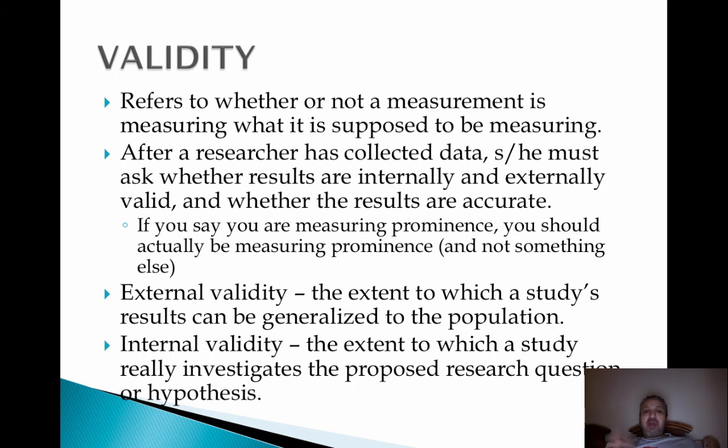Now, there are two kinds of validity. External validity is very simple, very straightforward. This is where we're interested in whether or not the results of a study can be generalized to the population. So if I did a survey of UNA students, now there are like 7,000 UNA students, let's say I did a survey of 1,000 students. I took a sample.